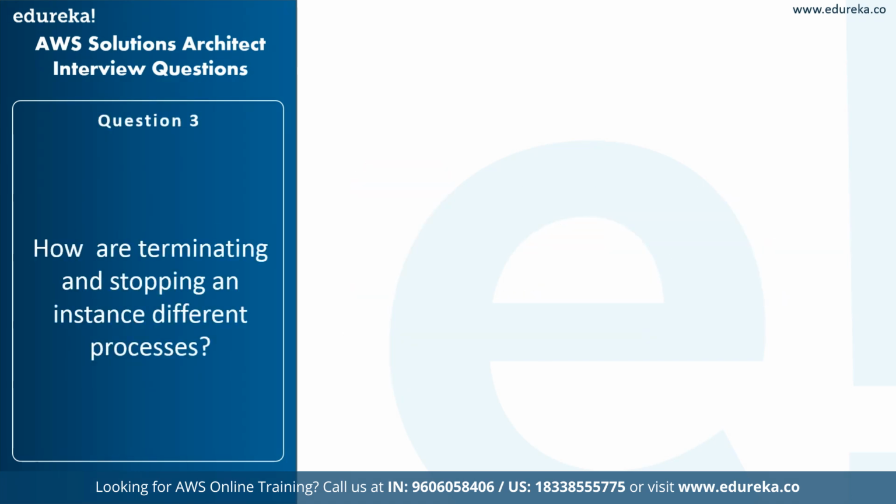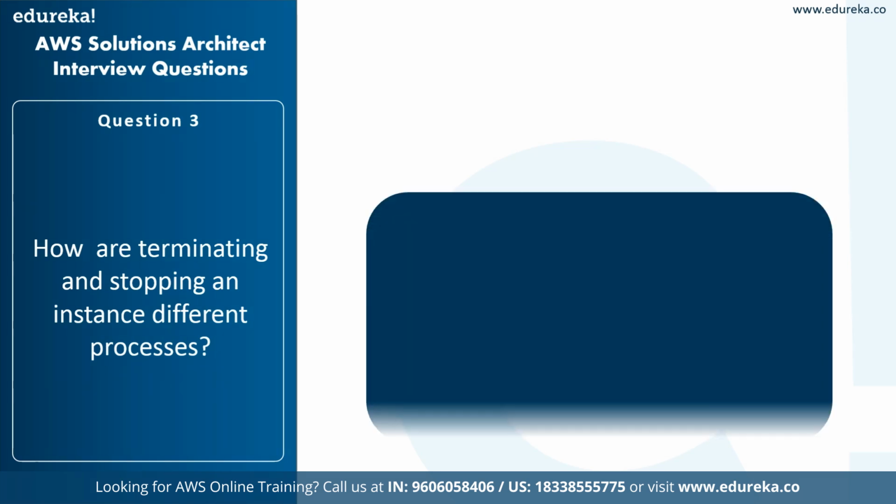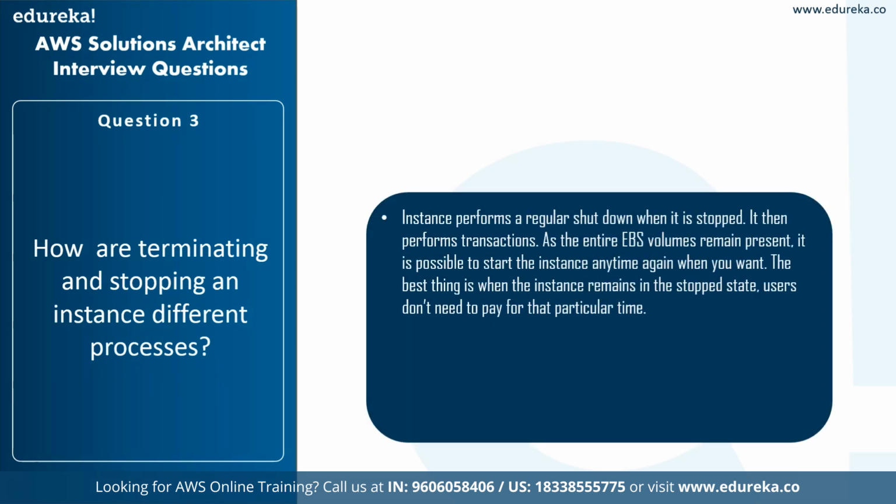The next question is how terminating and stopping an instance are different processes. The instance performs a regular shutdown when it is stopped. It then performs transactions as the entire EBS volumes remain present. It is possible to start the instance again anytime you want. The best thing is that when the instance remains in the stopped state, users don't need to pay for that particular time.